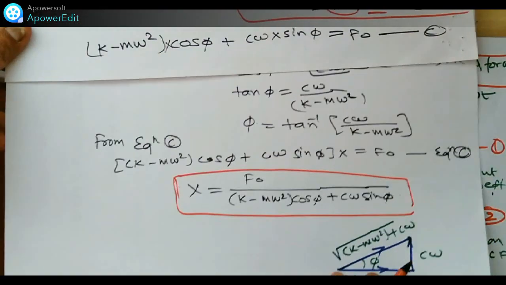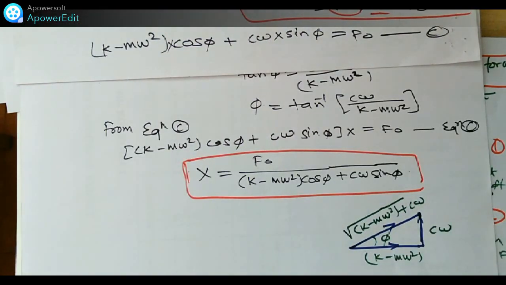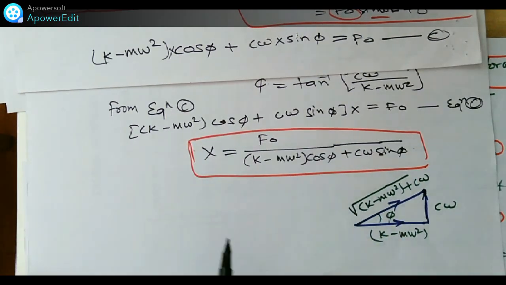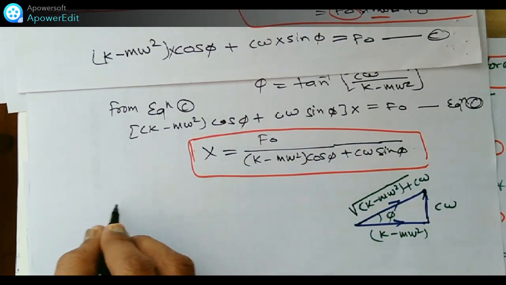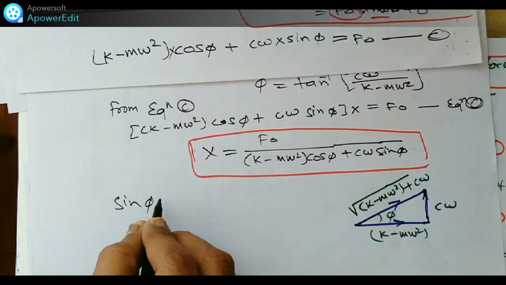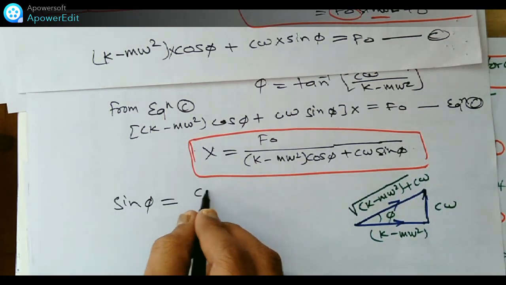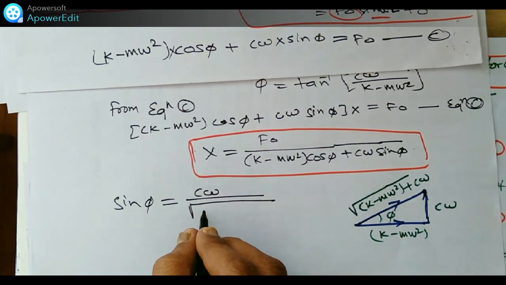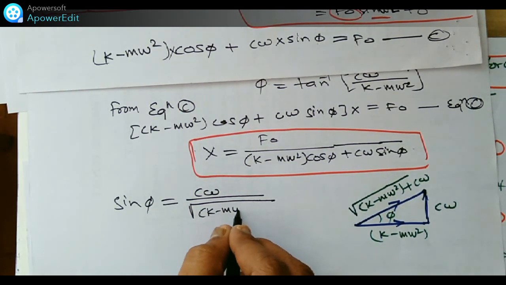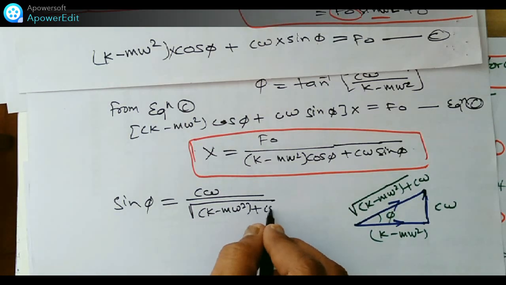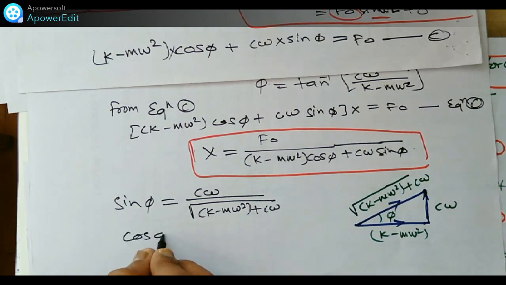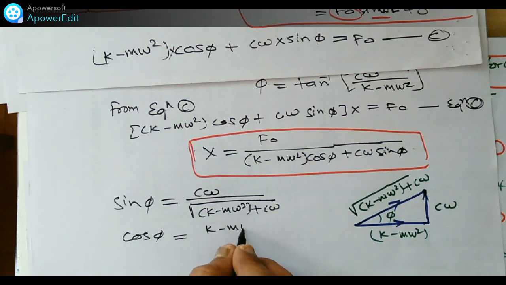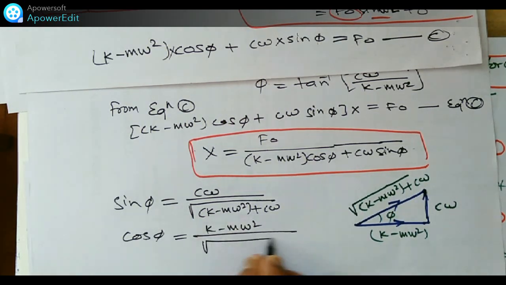Sin phi and cos phi individually you can obtain from this also. We already know that equation. From this triangle of forces, we can find out the value of sin phi separately. That is c omega upon the square root of k minus m omega square, whole square, plus c omega square, and cos phi is k minus m omega square upon the same square root.